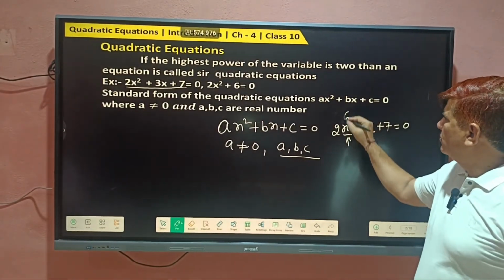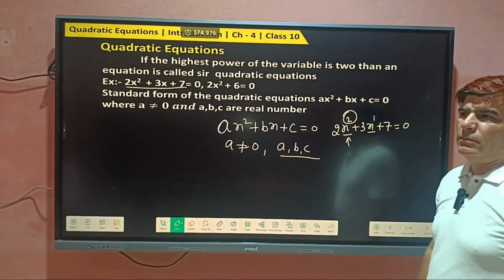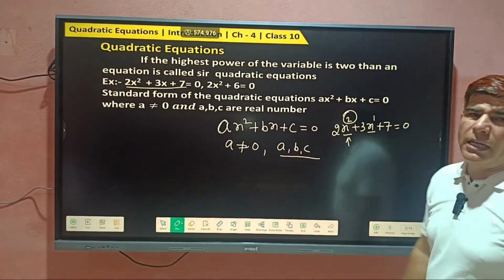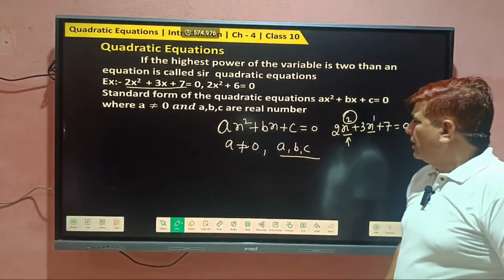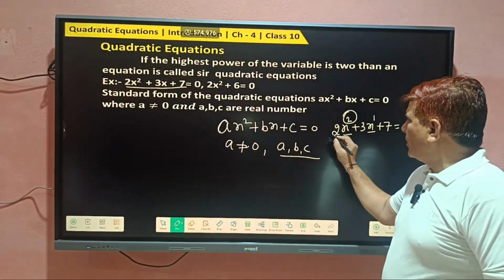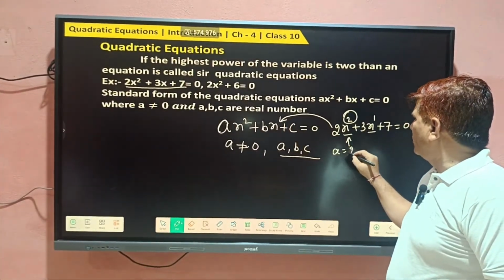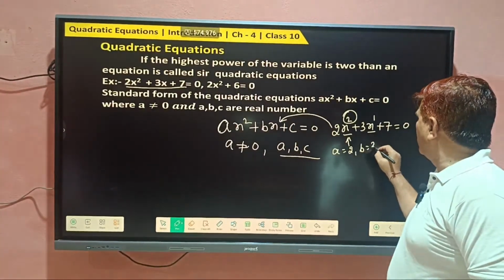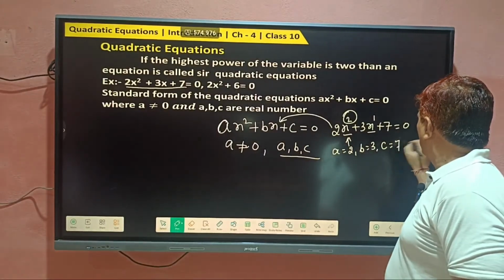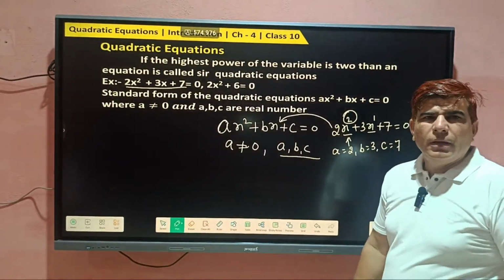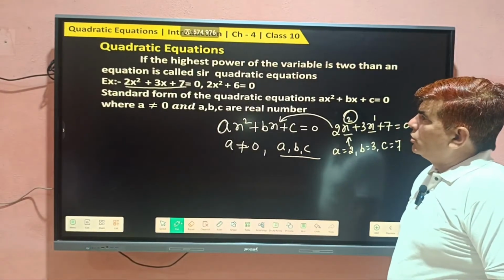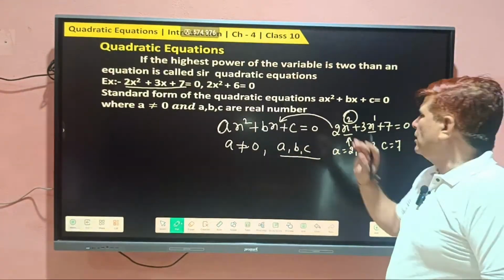Look, this is 2, this is 1. So this is a quadratic equation. If you compare this with the standard form, then a equal to 2, b equal to 3, and c equal to 7. Understood? So a, b, c are given real numbers.